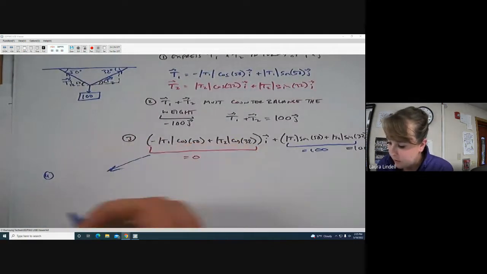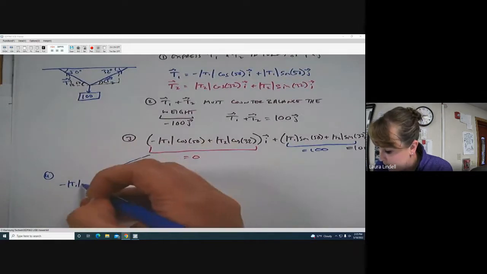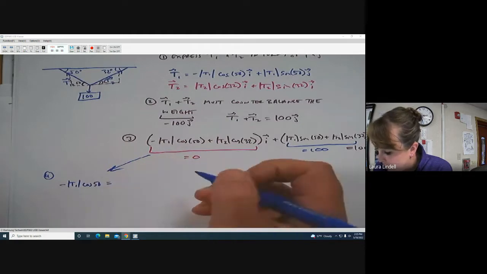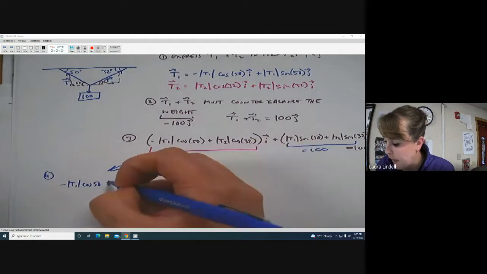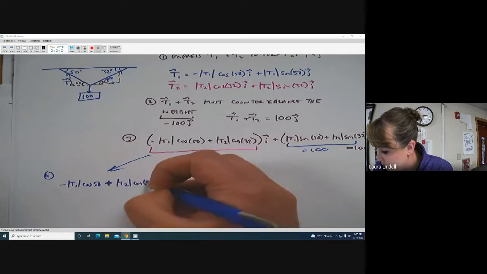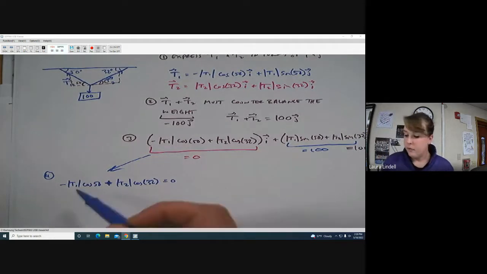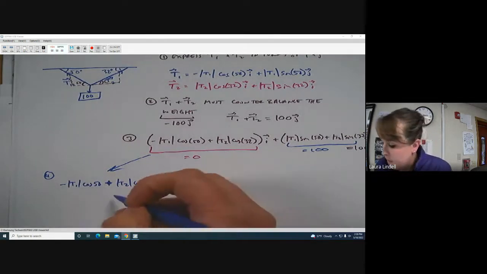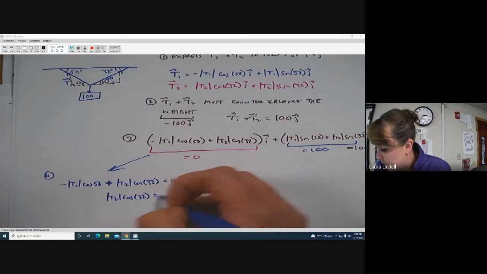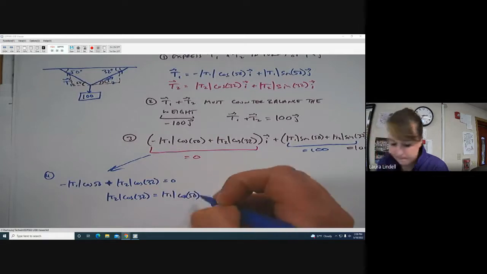For this one, we know that negative T1 cosine 50 plus T2 cosine of 32 has to equal 0. So if I move this one over, we get T2 cosine of 32 equals T1 cosine of 50.